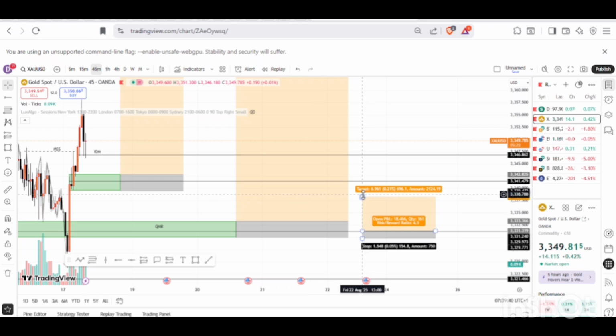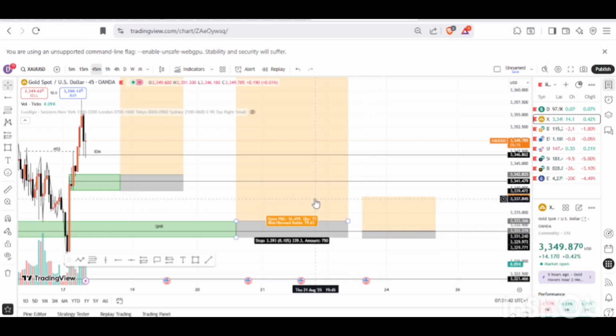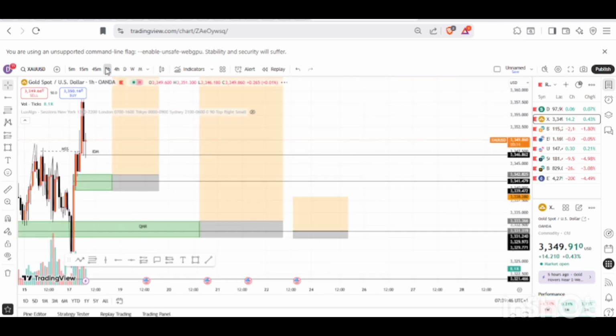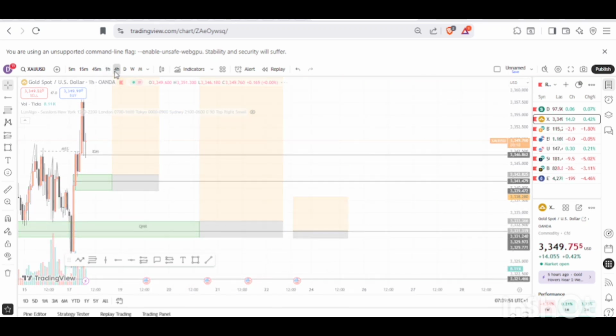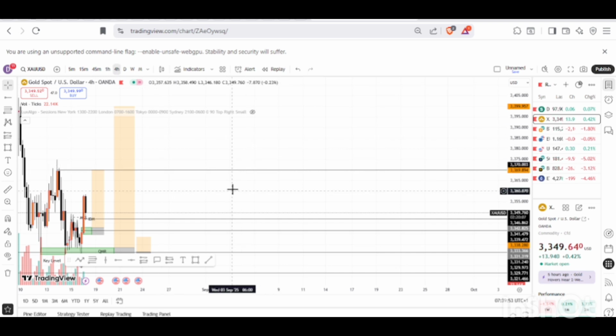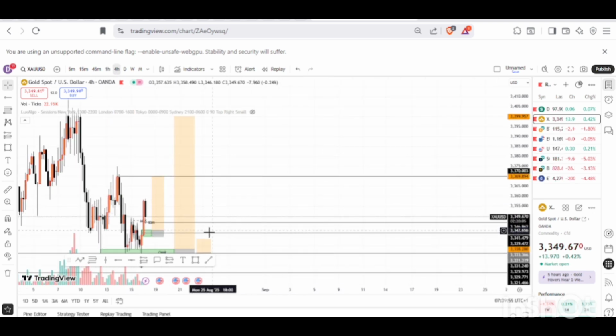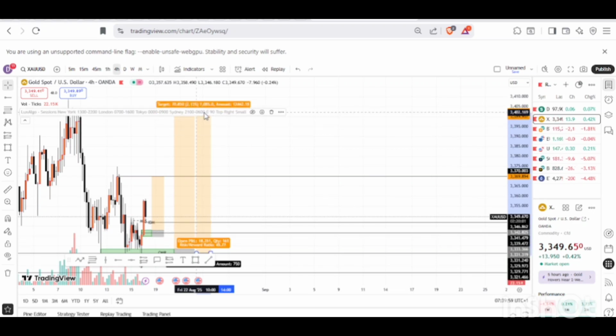At the end of the day, my target here will give me more than what I have here. Basically, this is my review of what I speculate gold is going to do for the week. We'll have a lot of upside and downside, but this is a larger overview of what I'm looking at.